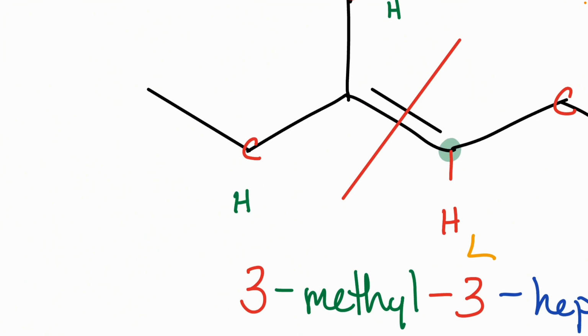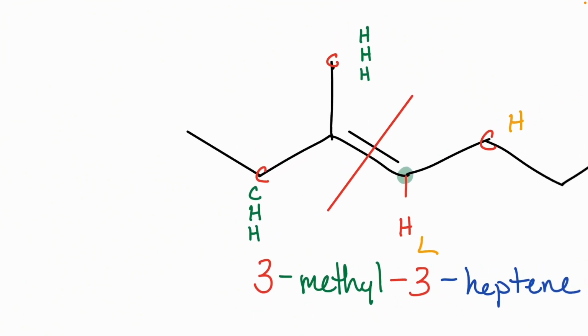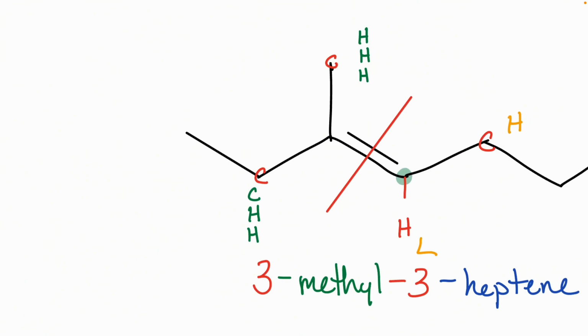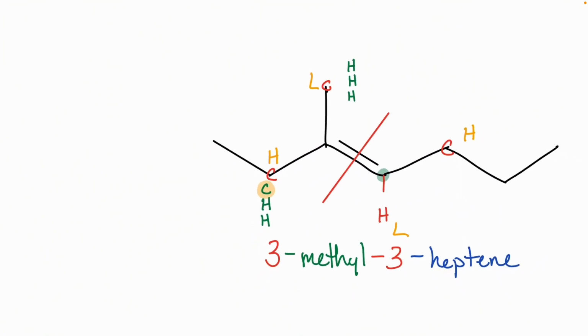It's got a hydrogen, but importantly over here is a carbon. All right, so then I look at my list here and I see that this is higher priority than anything on this list here. So that's what makes this carbon my high priority group and this carbon my low priority group.